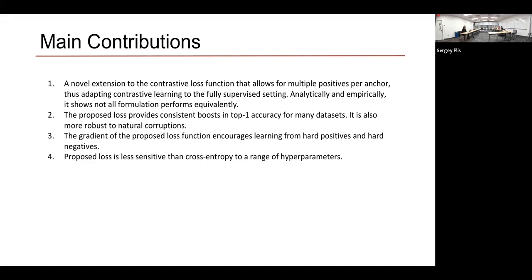That means if the model is tested on out-of-distribution samples, then cross-entropy loss is not as robust as supervised contrastive loss. And they have also shown that cross-entropy loss is less sensitive.